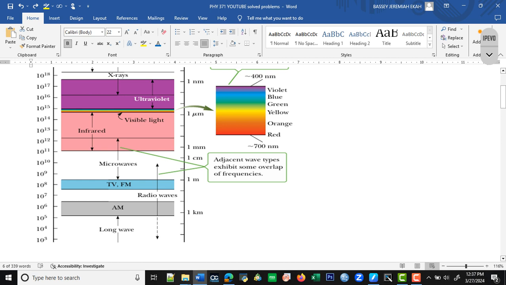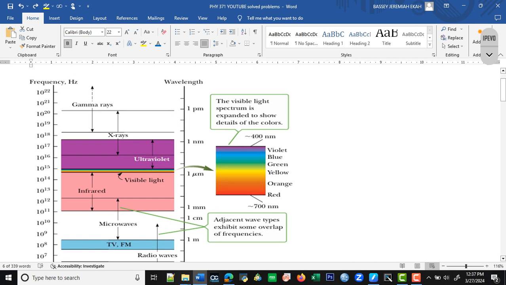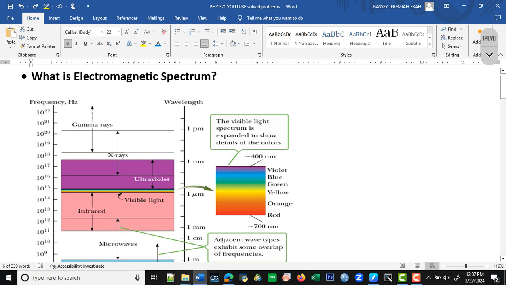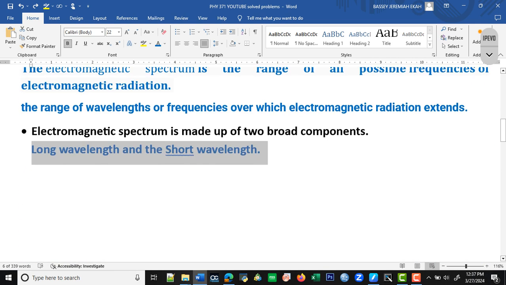In this region you have the radio wave, the microwave, and the higher you go, you have a shorter wavelength, and those tend to be stronger. So the components are subdivided into two: the long wavelength and the short wavelength. The longer wavelengths have a lower penetrating power than those that have shorter wavelengths.